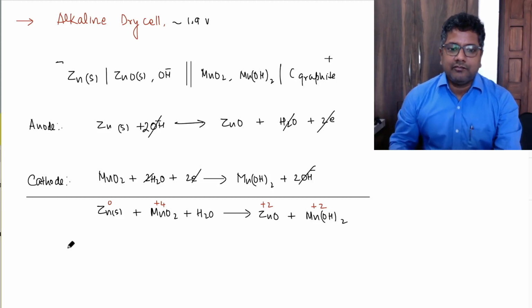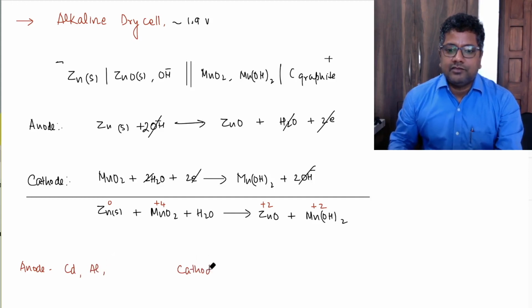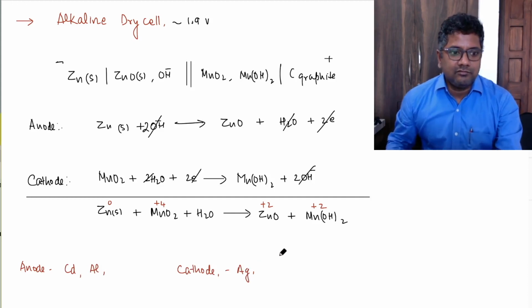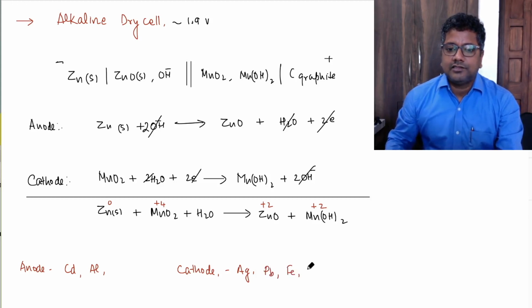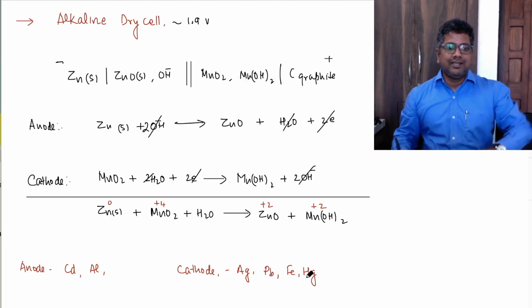And in the anode some alternative materials you can use. In place of zinc you can use cadmium or aluminium, and for the cathode some alternative materials you can use, like silver, mercury, iron, lead, nickel.